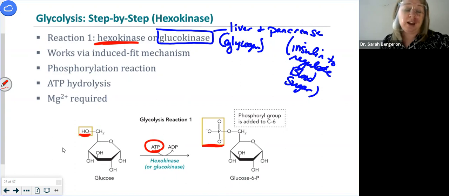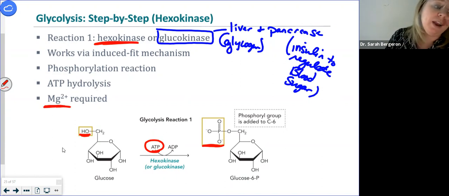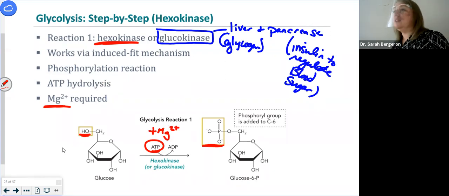So hexokinase and glucokinase both require Mg2+ in order to be functional enzymes, because they need that additional positive charge inside of the enzymatic pocket to facilitate addition of the phosphate group and stabilization of your intermediate and all that kind of stuff. All right, so now we have glucose and it's been phosphorylated.